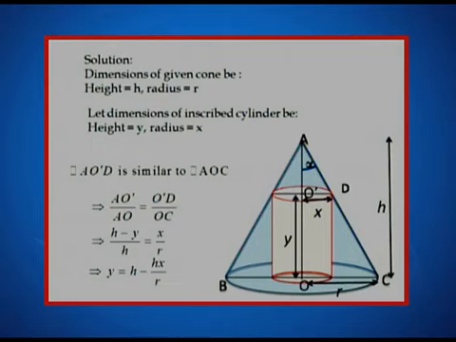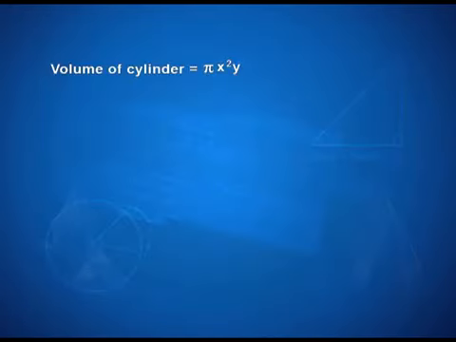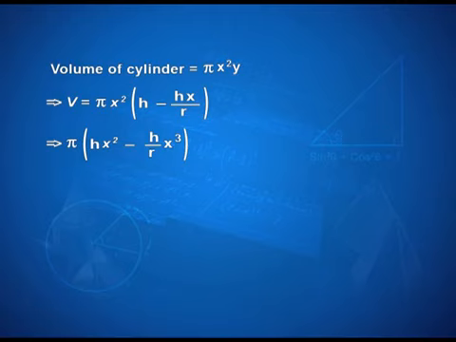So, y is now in terms of x, and therefore, we are ready to write the volume function. Volume of cylinder is nothing but pi square of radius into the height. So, in this case, it is pi x square y, and so replacing y in terms of x using what we derived earlier, I get a function as pi times (h x squared minus h by r x cube).